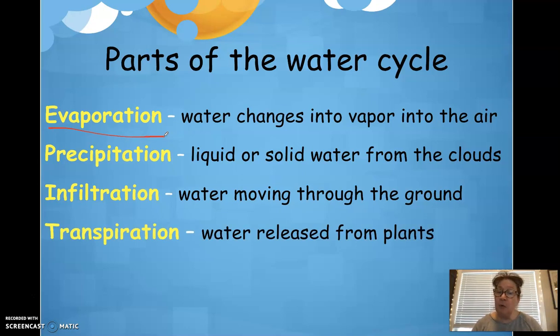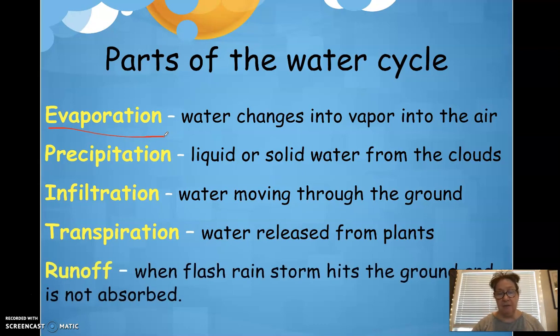Then we have transpiration, and that's kind of unique, and it's a small amount, but it's where water is released from the plants back into the atmosphere. And then we have runoff, where when you get a flash rain, a storm, and it hits the ground, and it's coming in so much that it will run off on the ground into our streams, creeks, and rivers.